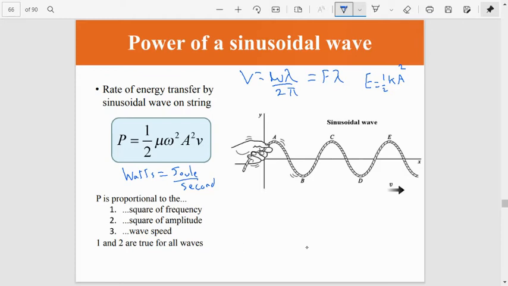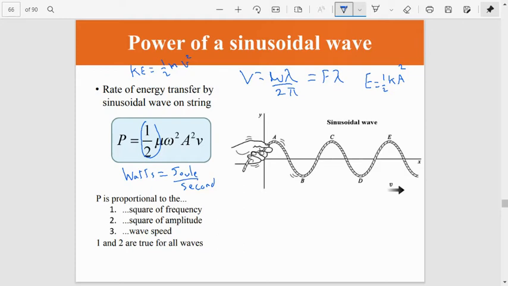That leaves us with the first term in front, the mu, the linear mass density. And these terms actually might remind you of kinetic energy for a single mass, right? 1/2 m v squared. So this is saying that if you're sending a wave through a denser string, then that wave is going to deliver power at a faster rate than a lighter string.